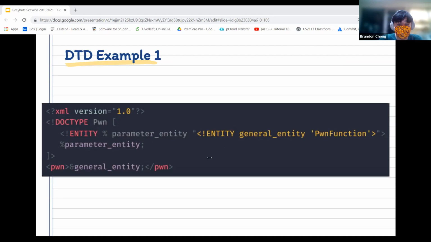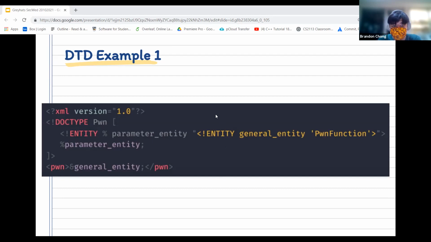In the XML data, the markup, you see within this pwn text we have the general entities. These general entities are what can be called. For the XML code, a bit more explanation of what this is doing. The parser will first look at the first line, our metadata.